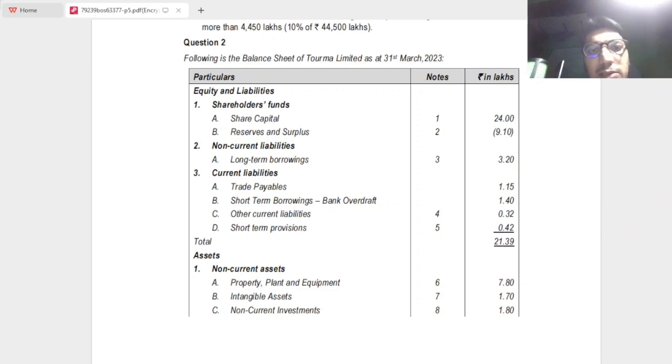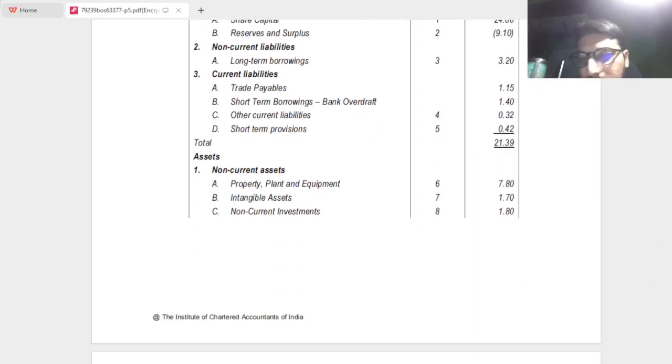There is a balance sheet of Trauma Limited, with share capital, reserve and surplus.